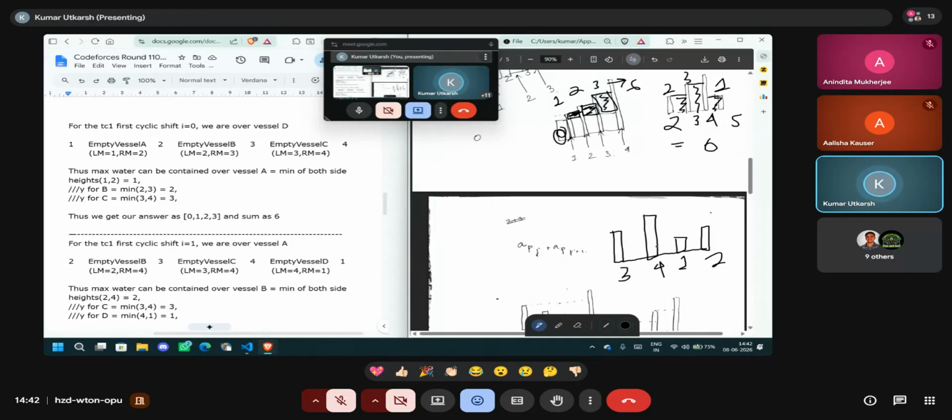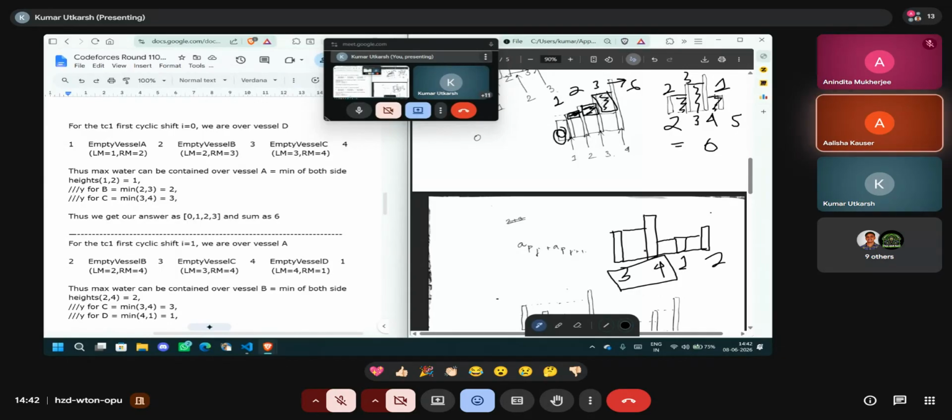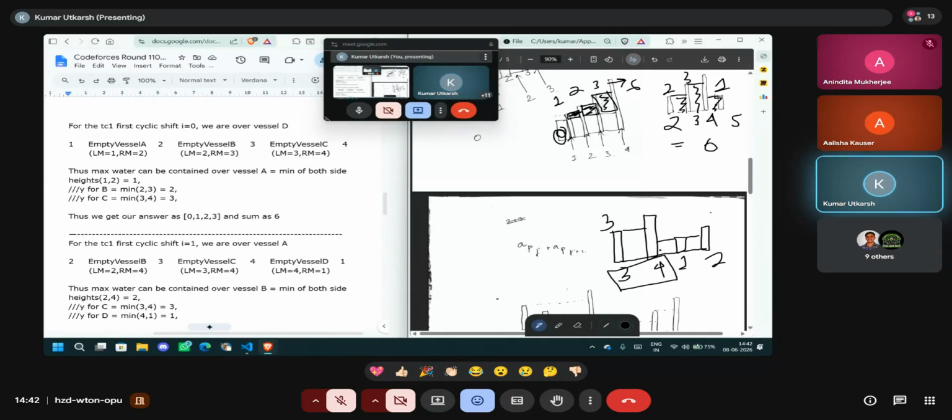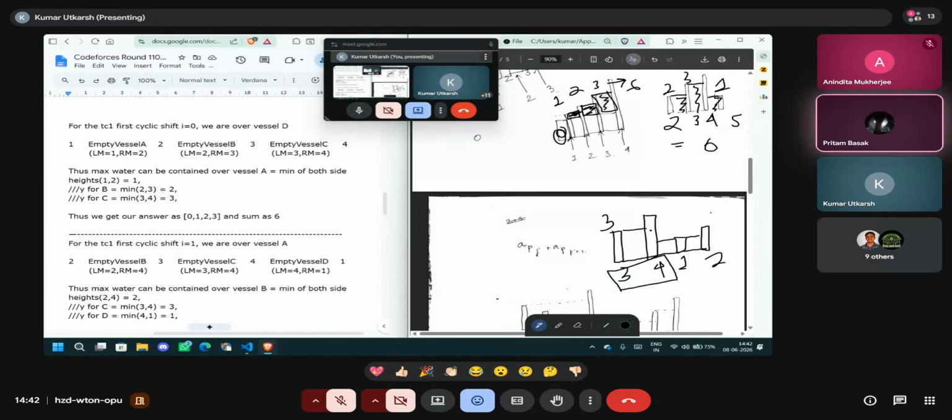Pritham, I guess you already answered the question. So I will ask both of you, what is the maximum height that can be achieved between two towers? Alisha, what can be the maximum height achieved between the 3 and 4 towers? It would be 3. Right, it will be 3. Pritham, between 4 and 1, what can be the maximum height achieved? It will be 1.